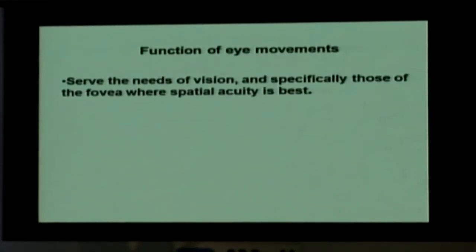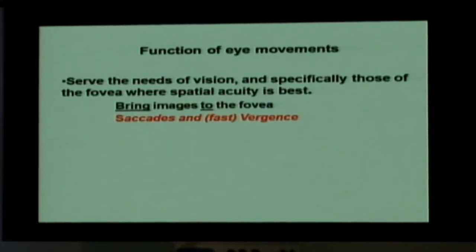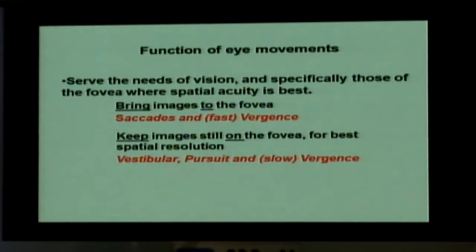So, we have eye movements which bring images to the fovea, saccades, the rapid eye movements we use to search our environment, and vergence, what we call fast vergence. We have two eyes, so we can move them quickly to change the depth that we are looking at.